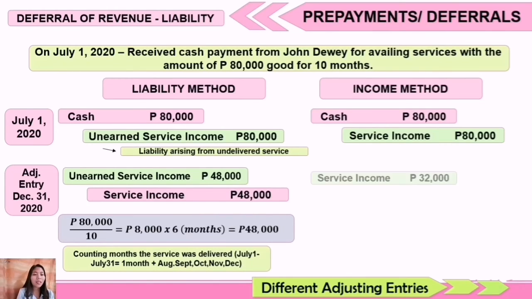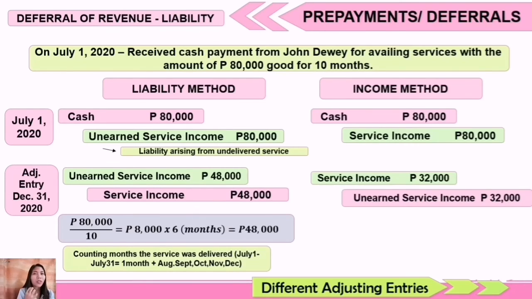On the other hand, income method, we need to debit service income and credit unearned service income because we are counting the amount that we still owe. We have a liability to the customer.